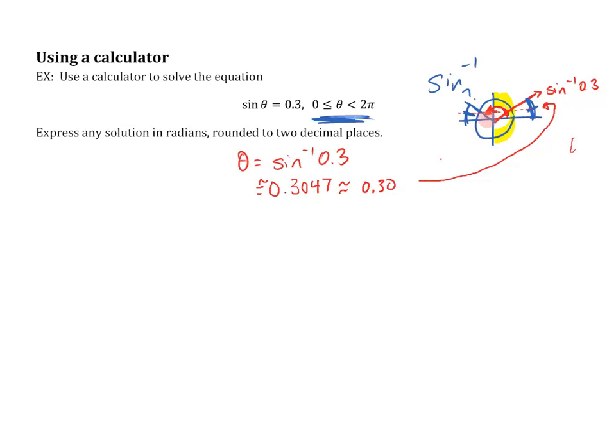It goes all the way from the positive x-axis to the second quadrant angle. But I use the fact that I know that this angle right here, which is 0.30 radians, is the same as this angle right here. Now a complete rotation to the negative x-axis here is pi.